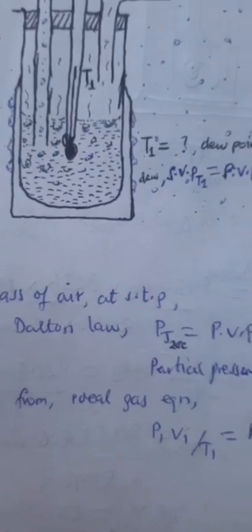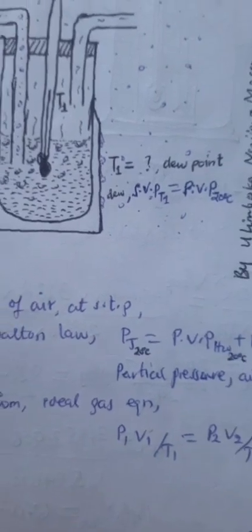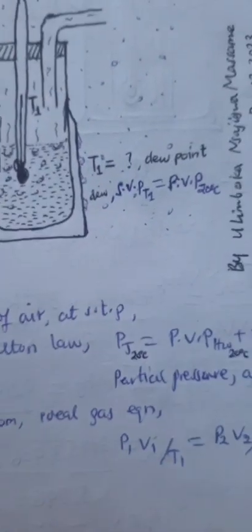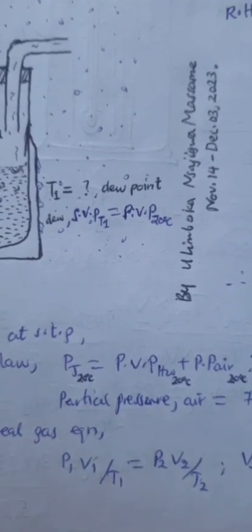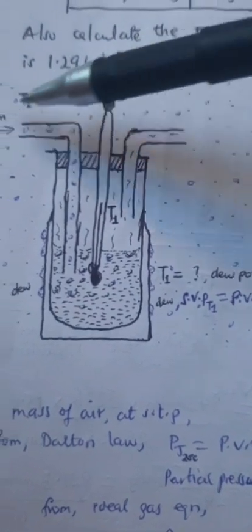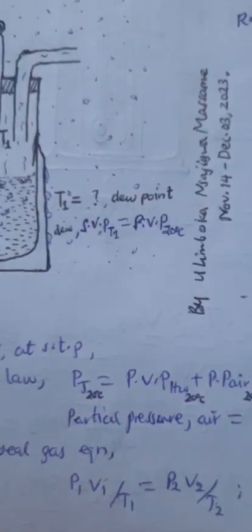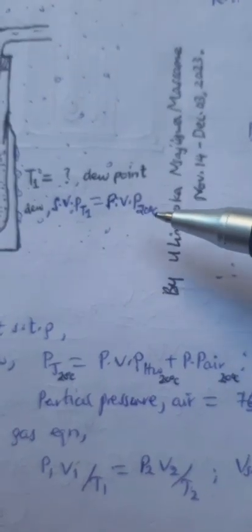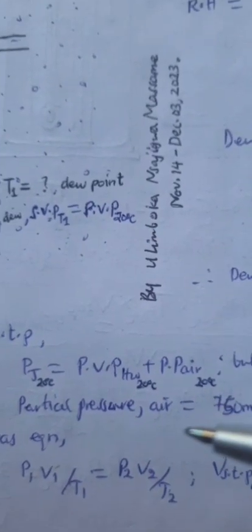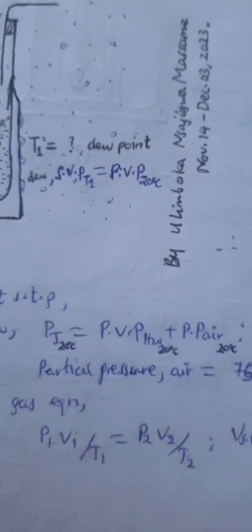Just to find the mass of dry air at the condition of S.T.P. Now from Dalton's law of partial pressure, the total pressure of the air moisture is equal to the partial vapor pressure of water vapor at 20 degrees centigrade plus the partial pressure of air at this 20 degrees centigrade.